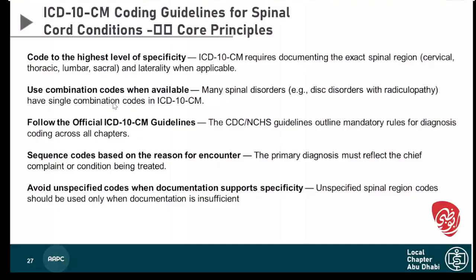We have a combination code for intervertebral disc disorder with radiculopathy, and radiculopathy also has a separate code. Coders should assign the combination code if available, not assign the codes separately. It will lead to rejection.